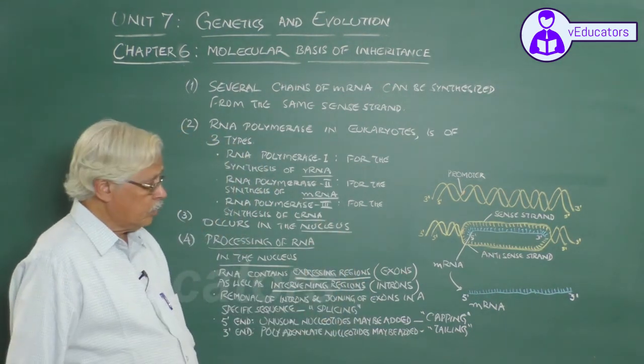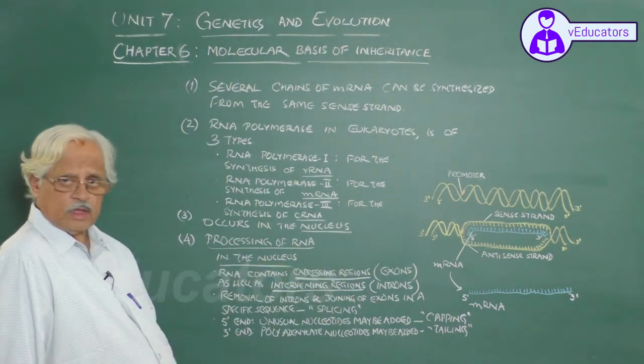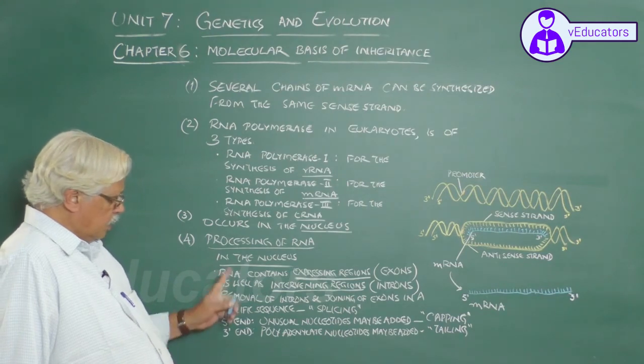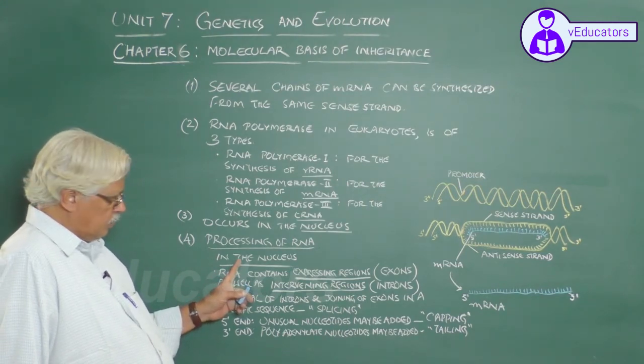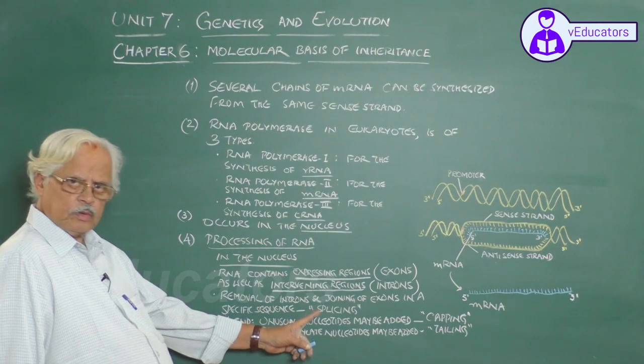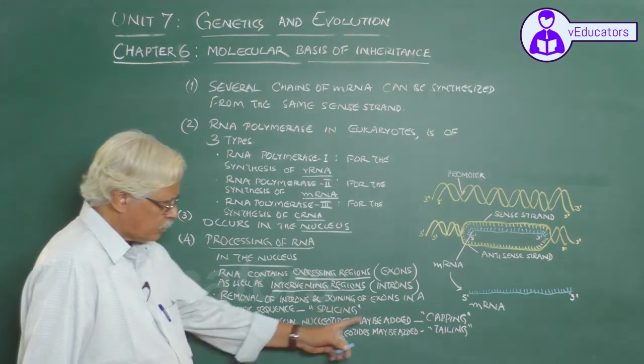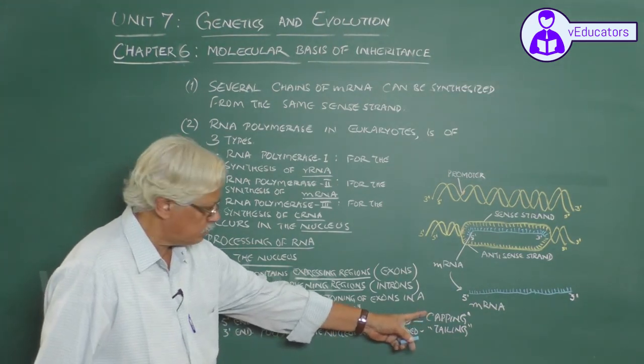So after the formation of the mRNA chain, in the nucleus, the mRNA may be subjected to splicing, capping and tailing.